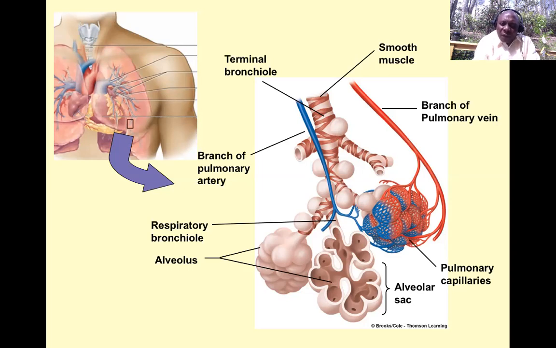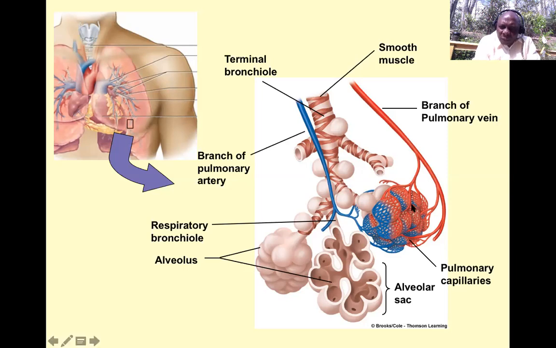So you have an increased surface area, like I said before, because of the structure of the alveolar. The other factor that affects diffusion rate is the membrane thickness. The distance between the pulmonary capillary and the alveolar is very, very small to promote diffusion.